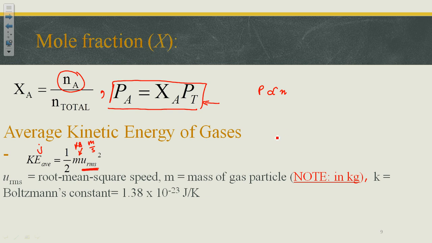And if you recall KMT, guys, average kinetic energy of gases is directly proportional to the absolute temperature. So if there are two gas samples at the same temperature, then their average kinetic energy will be the same. Now listen carefully. Even though their average kinetic energy is the same, it doesn't mean that their average velocities will be the same.